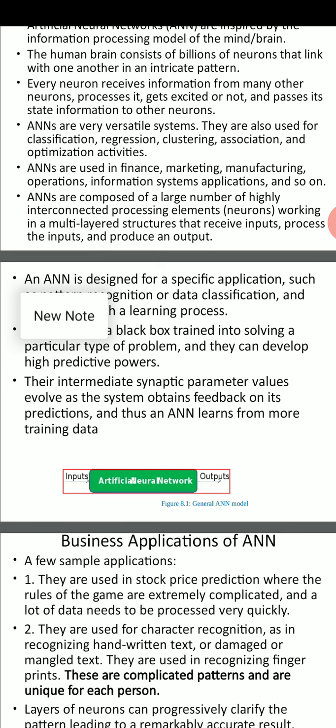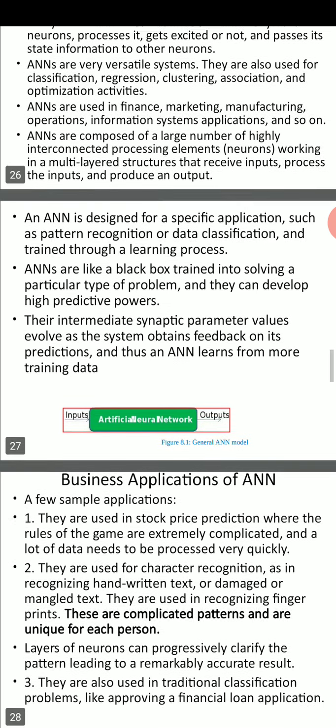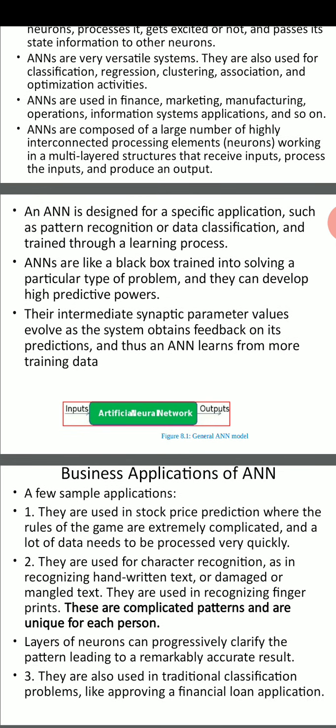Artificial neural networks are very versatile systems. They are used for classification, regression, clustering, association and optimizing activities. They are used in finance, marketing, manufacturing operations, information systems applications and so on. They are composed of a large number of highly interconnected processing elements, called neurons, working in a multi-layer structure that receive inputs, process the inputs and produce an output.